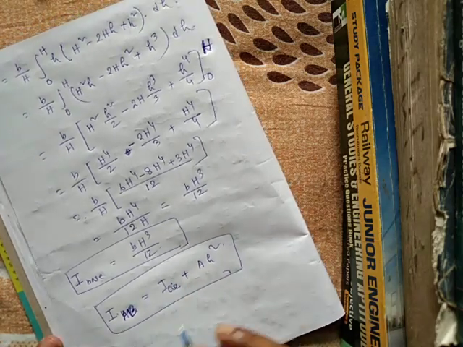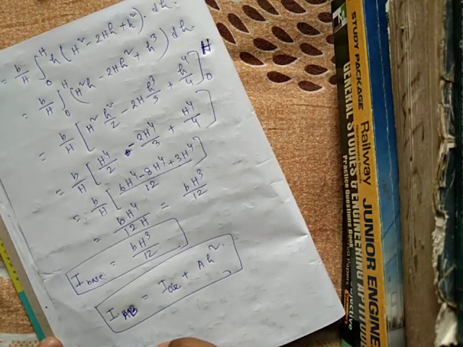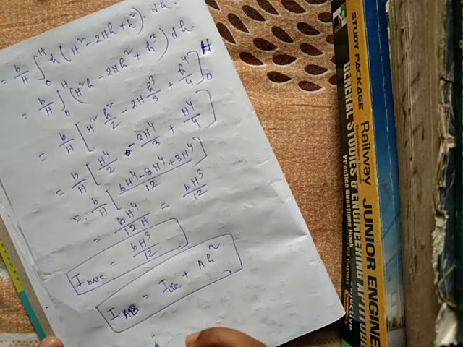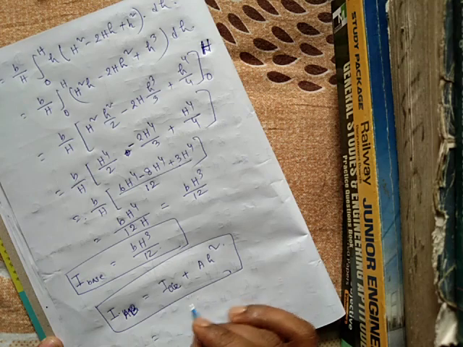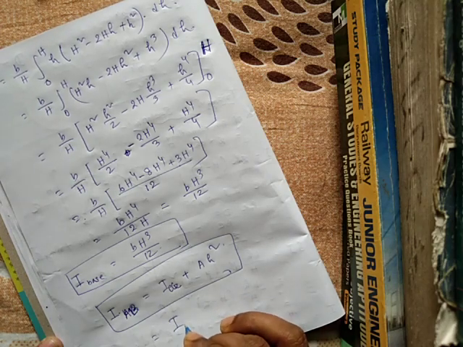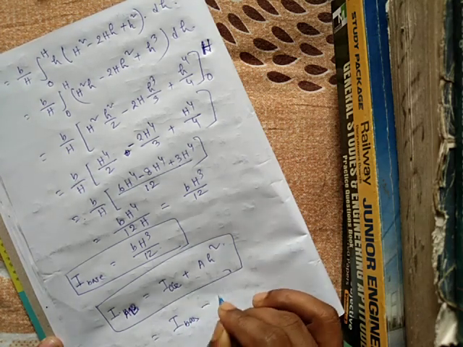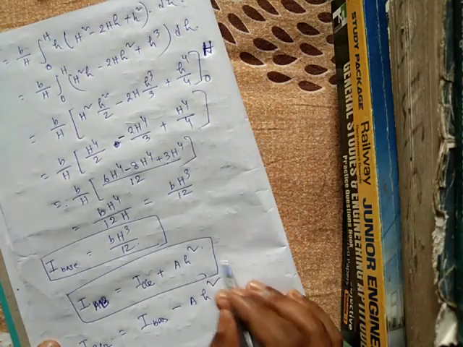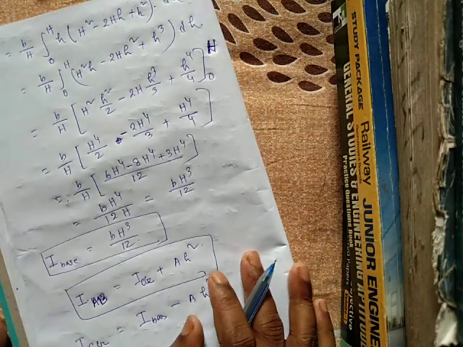From here, the moment of inertia about the CG of the triangle equals the moment of inertia about the base minus A h square. What is the value of h? h is the CG distance of the triangle from the base, which is H by 3.